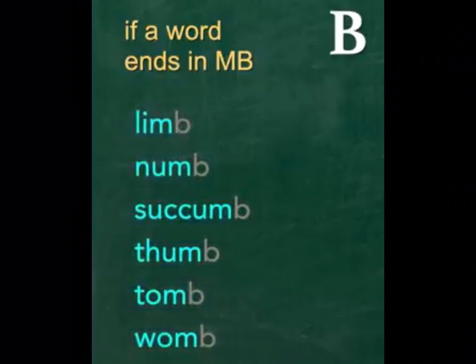We have limb, numb, succumb, thumb, tomb, and womb. We don't say limb or numb or succumb or thumb or womb. No, the B is silent here. Pretend the B is not available. So we say limb, numb, succumb, thumb, tomb, and womb.